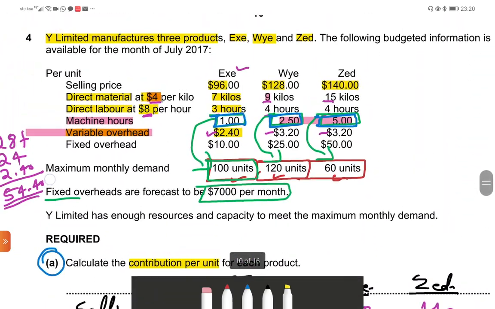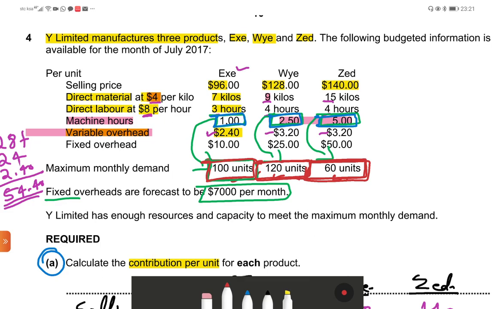X is 100 units, Y is 120 units and Z is 60 units. So each one we have to check.